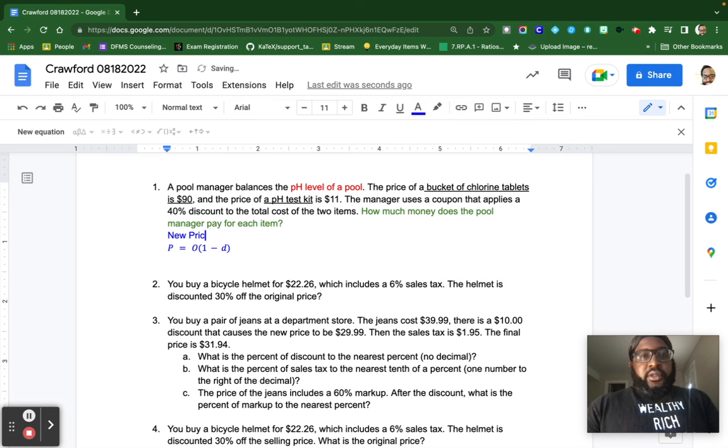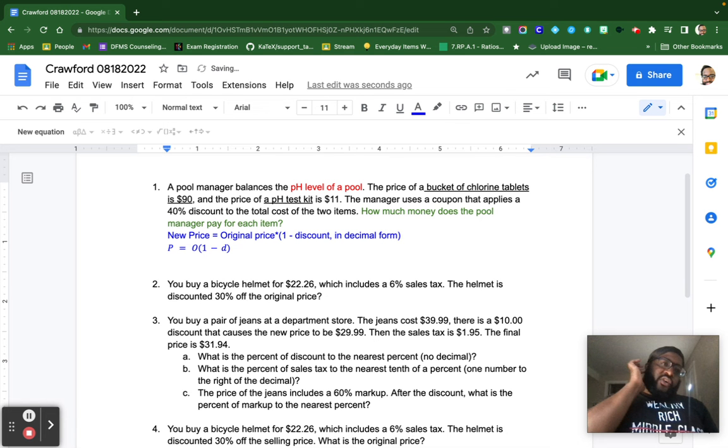New price equals original price times 1 minus the discount in decimal form. This is what this formula means.